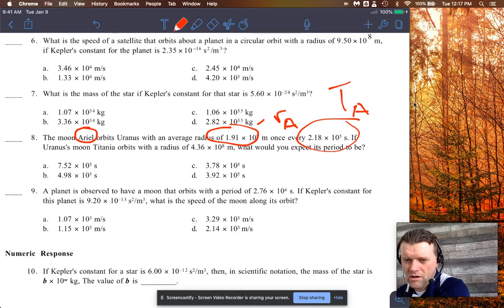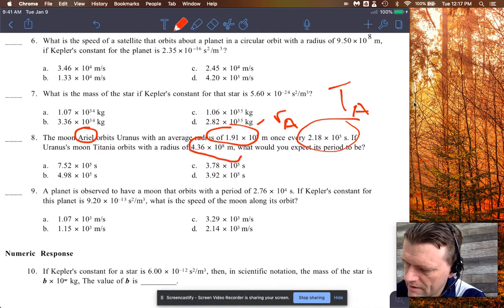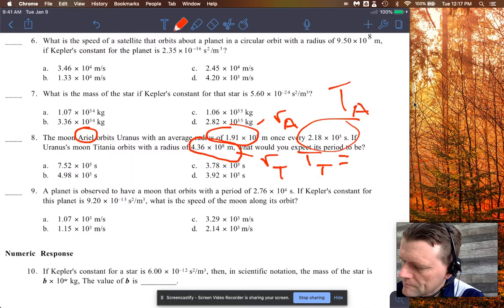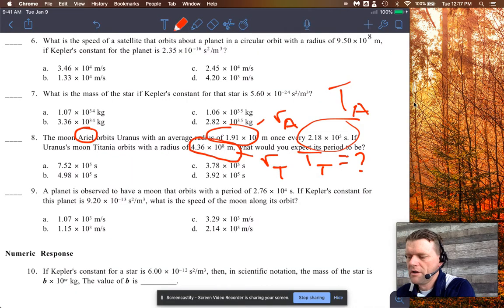And then orbiting Uranus, there's also another moon named Titania, and we happen to know Titania's radius. So we could label this the radius of Titania. And what we don't know is the period for Titania.